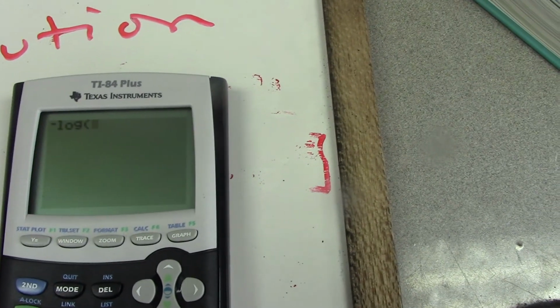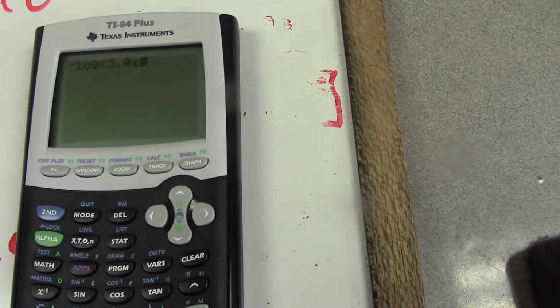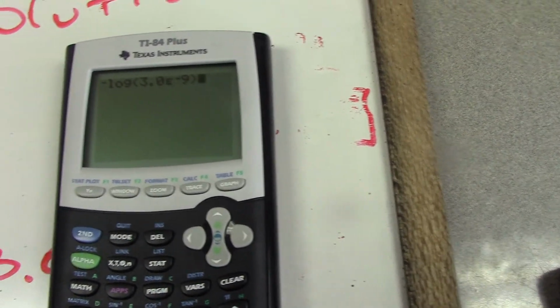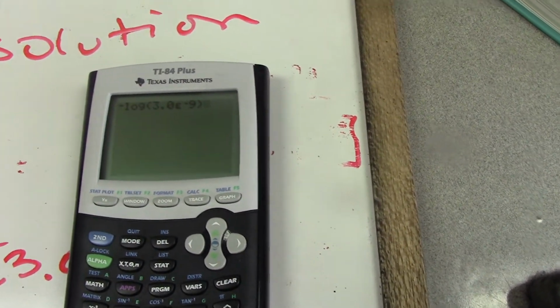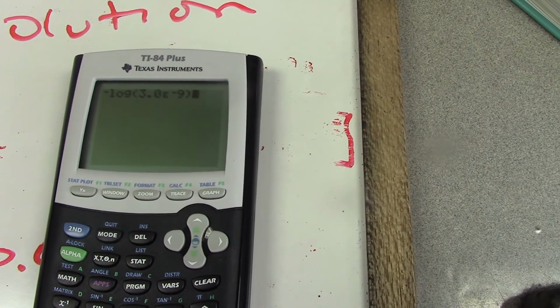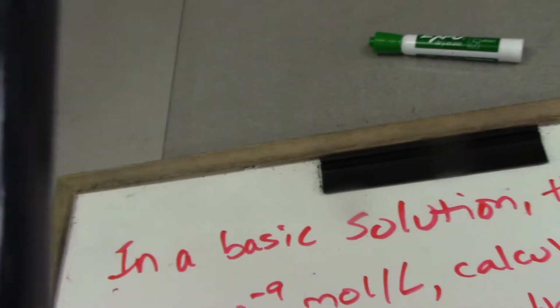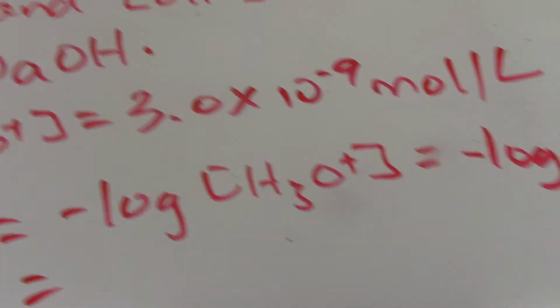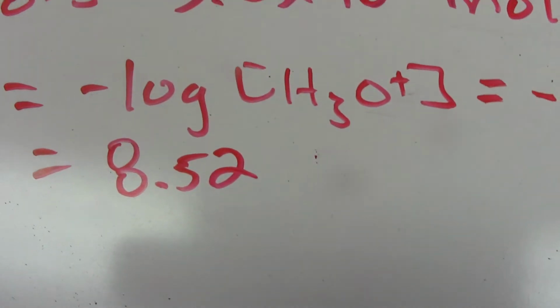Negative log, and I'm going to use 3.0 e to the e negative 9. Okay. And what do we get? We get a pH of 8.52. Okay, so pH equals 8.52. So we have a basic solution, slightly basic.